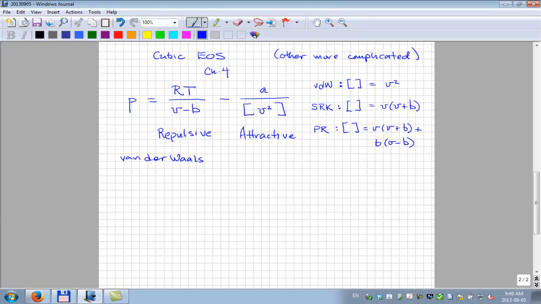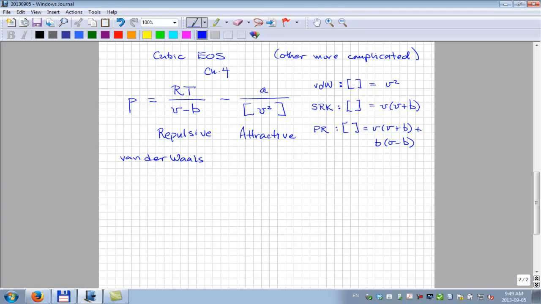Now you can see, or maybe you can't see, but this equation of state is supposed to work for both gases and oils, okay? And you can see that if we evaluate the terms here, as the volume gets very small, the pressure gets very large. That's behaving like a liquid.